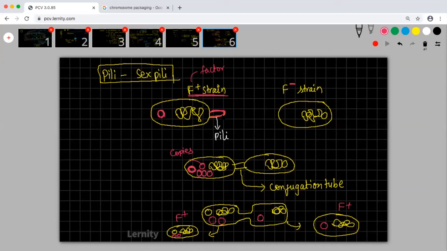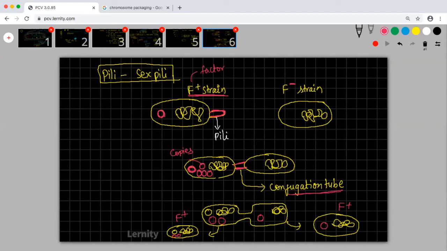So what is this thing? This is like a kind of organelle which will help to connect with other bacteria. What it is trying to do is form a bridge-like structure. The sex pili is becoming a bridge-like structure, and it is forming what we call the conjugation tube. And what is happening?